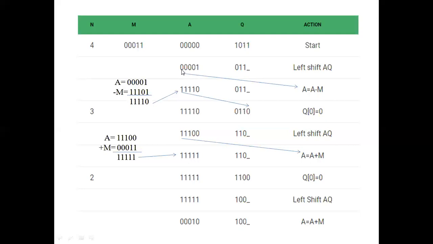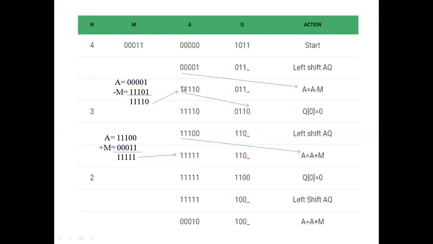What is the procedure? The most significant bit of A is 0, therefore we perform A = A - M. We know the value of A is 0, 0, 0, 0, 1, and minus M means the 2's complement of M. Now we add both: 1 plus 1 is 0 with carry 1, and the carries propagate, so the value becomes 1, 1, 1, 1, 0, and Q is 0, 1, 1.